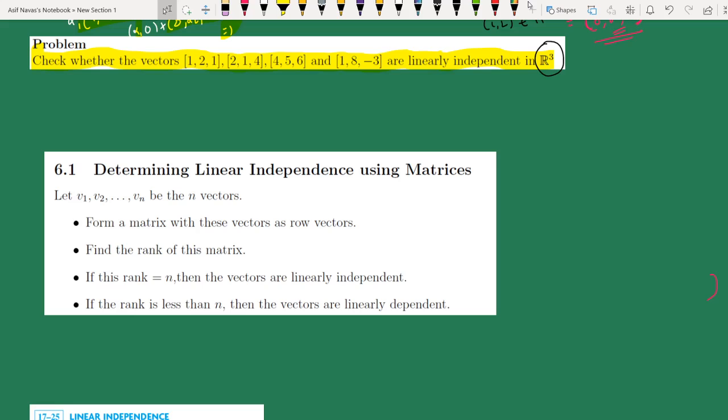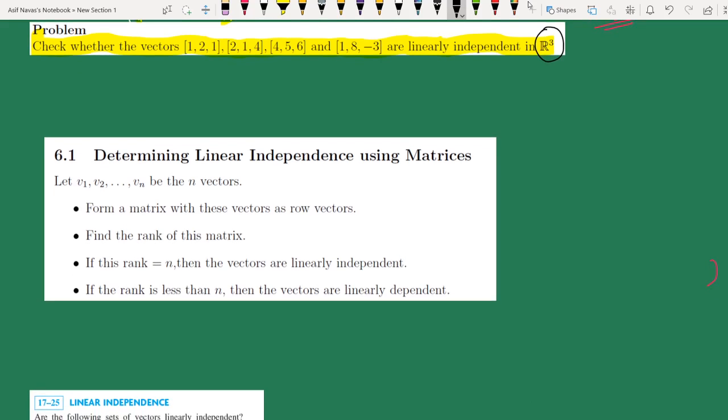So there is a shortcut method, and that method tells us what we have to do. If you have n vectors v1, v2, v3, up to vn, then first, form a matrix with these vectors as row vectors. Second, find the rank of this matrix.